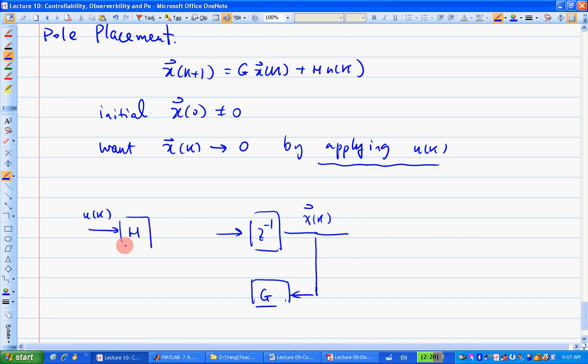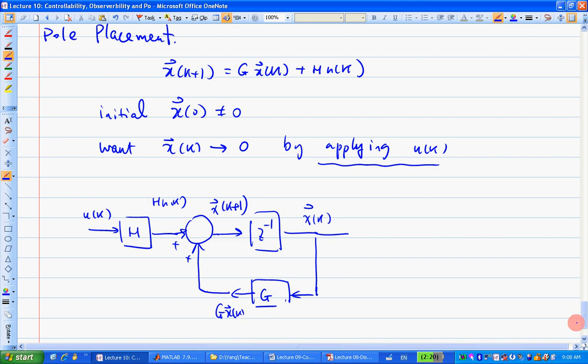The u is multiplied by this H, and what's coming out is Hu. And this is plus with what? Plus with this Gx of k. So there should be a junction here, a plus. So this plus this gives me x of k plus 1. Can you see that, right?